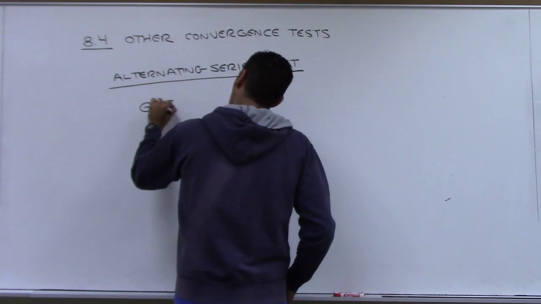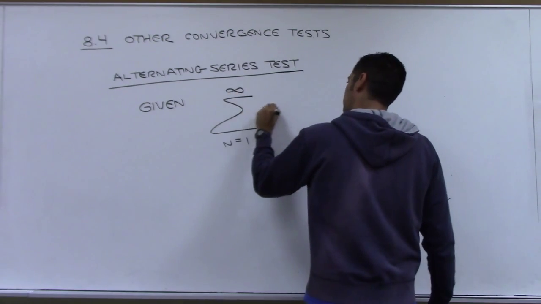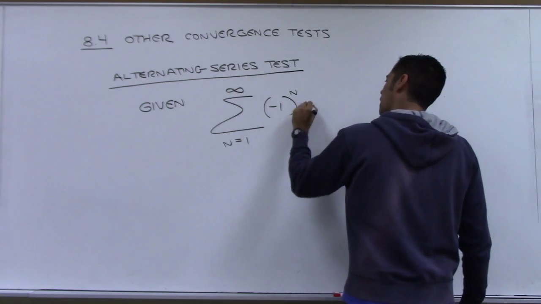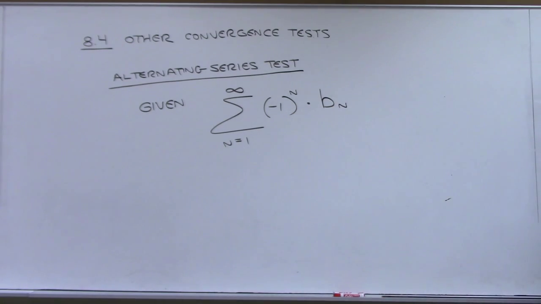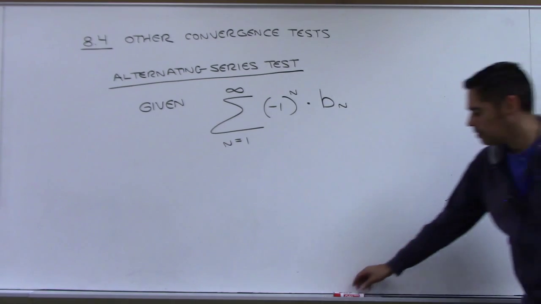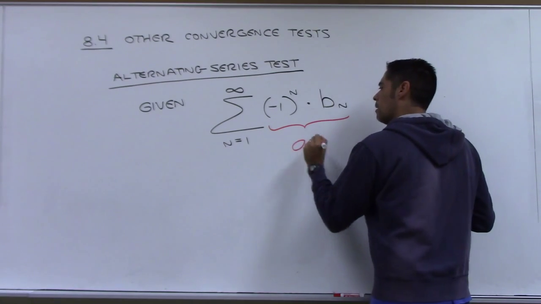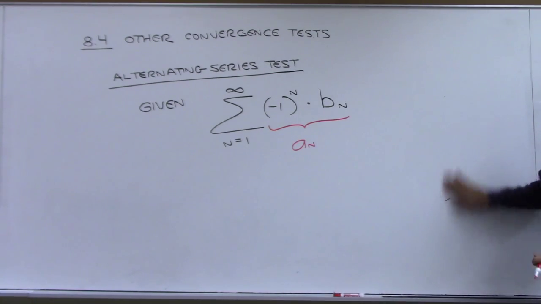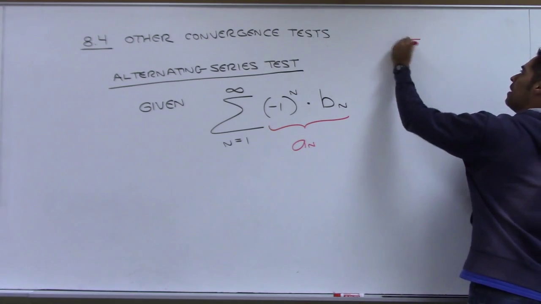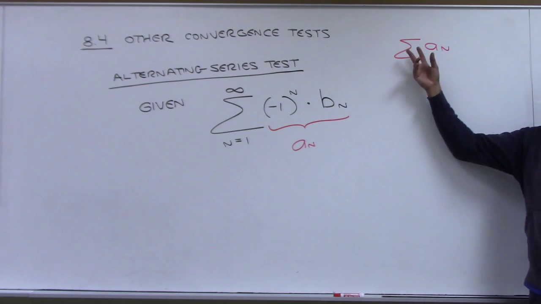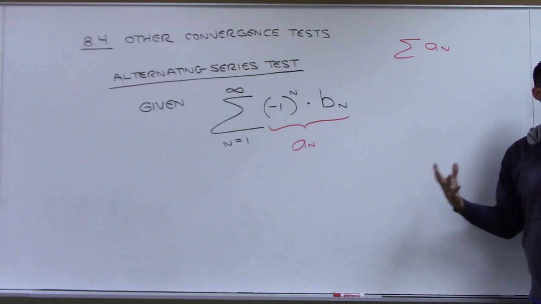Given a series that looks like this, so what I've been doing so far in the previous sections is we've always been looking at this series, A sub n, and I've said that A sub n always needs to be positive.